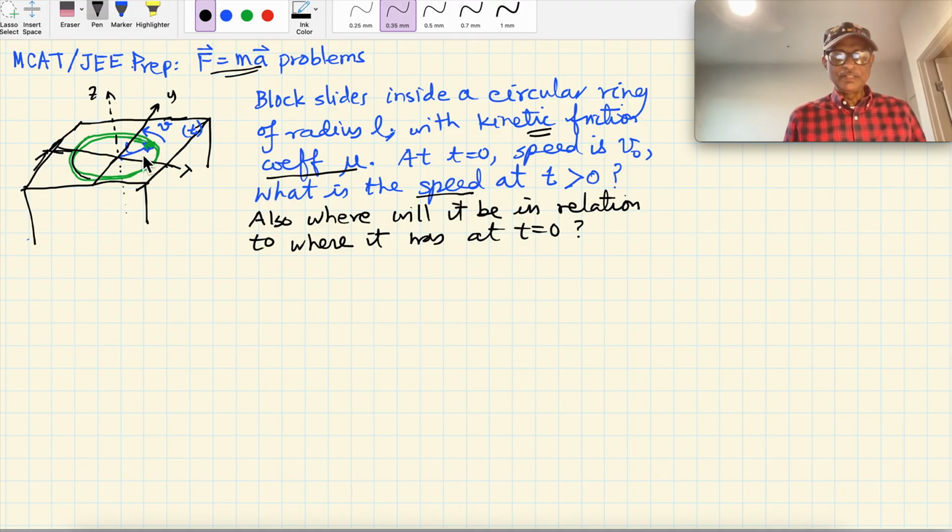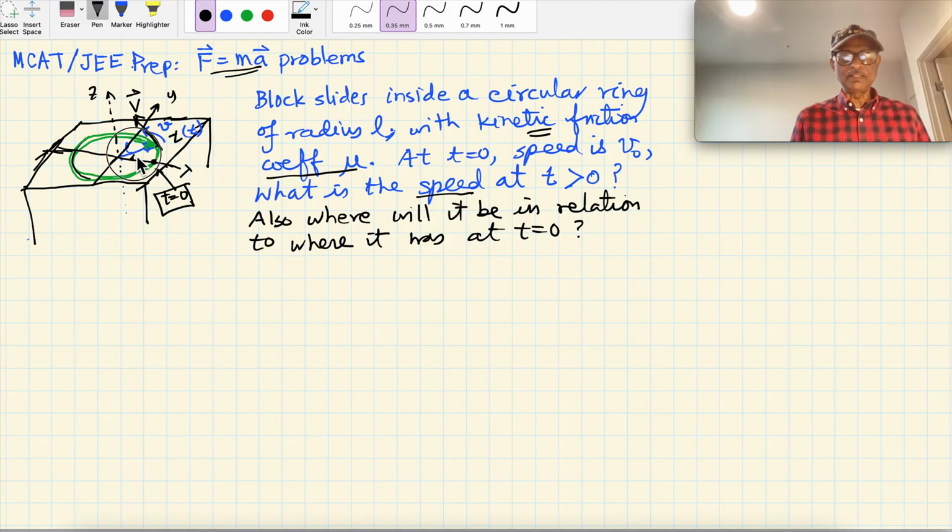And over here the velocity will be tangent. So the velocity vector at instant t is over here. It was over here at t equal to 0. I'm free to choose where t equals 0. So in this case, at this point, it is angle phi. If I can give you angle phi, then I can definitely locate it, right? I can give x and y coordinates.